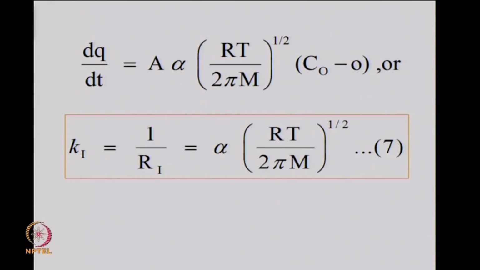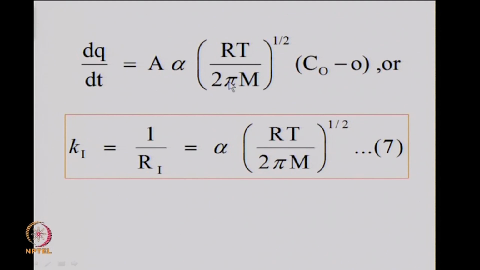So, the resistance Ri would be related to the permeability coefficient or a mass transfer coefficient here based on the resistance in the interface. Ki is 1 by Ri, the rate constant is always inversely related to resistance, and that is alpha root RT by 2 pi m.